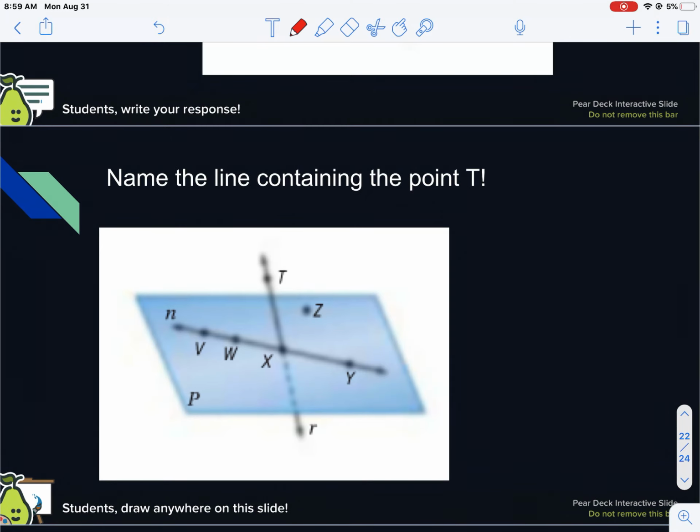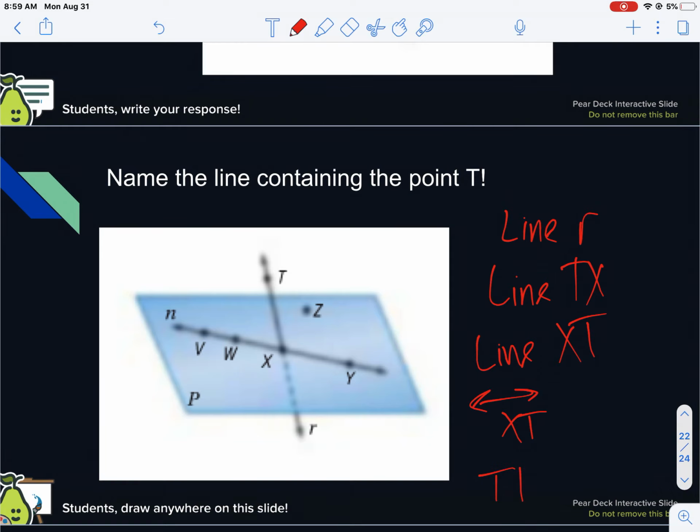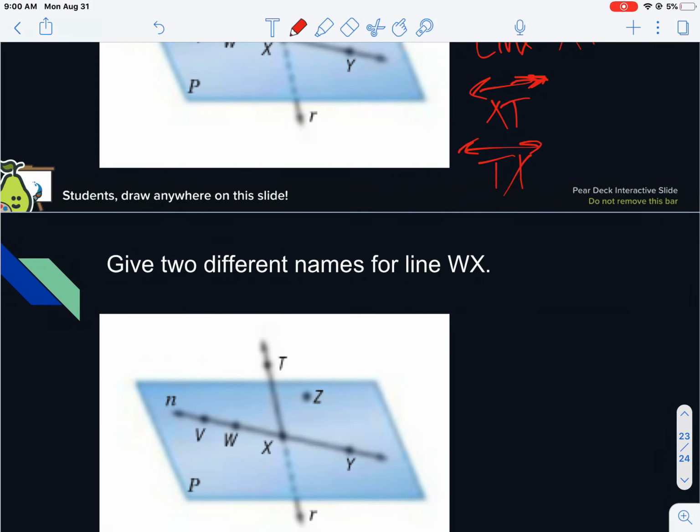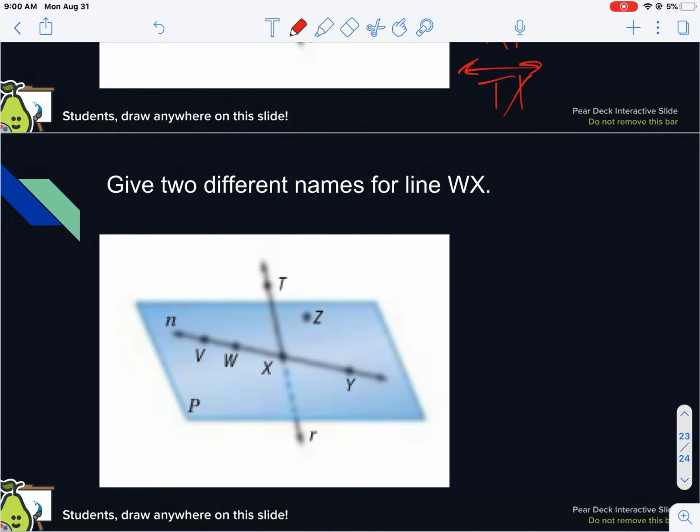Name the line containing point T. So you could say line R, line TX, line XT. Give 2 different names for line WX.